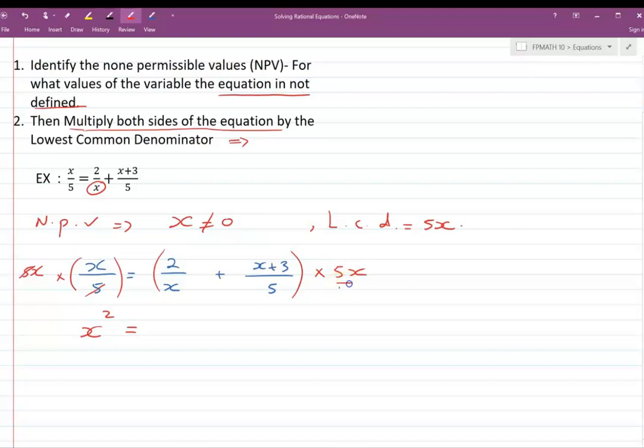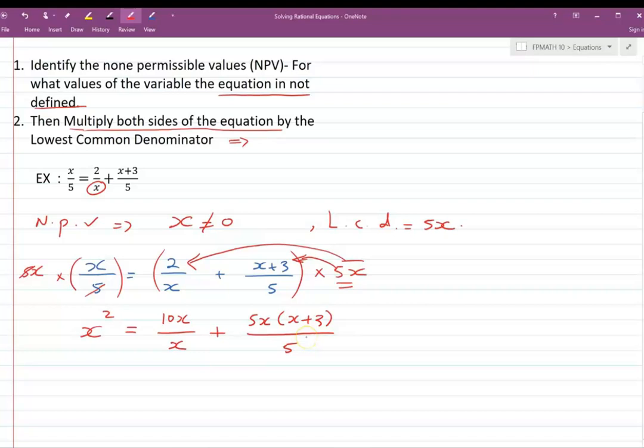Now this 5x is going to be multiplied by this fraction, which is x plus 3 over 5. So when you do that, let me write it actually like that. So sorry, that's 10. So 10x over x plus, and then in this case would be 5x times x plus 3 divided by 5.